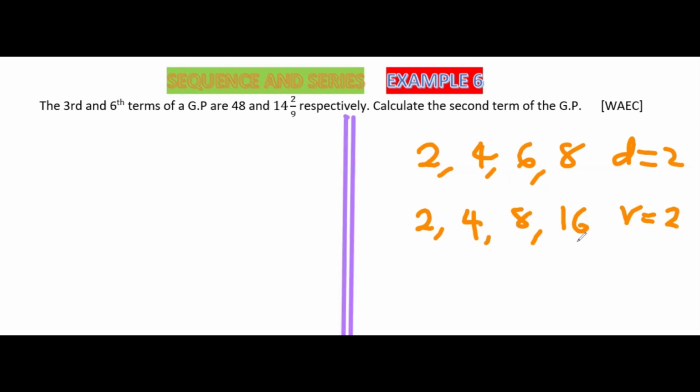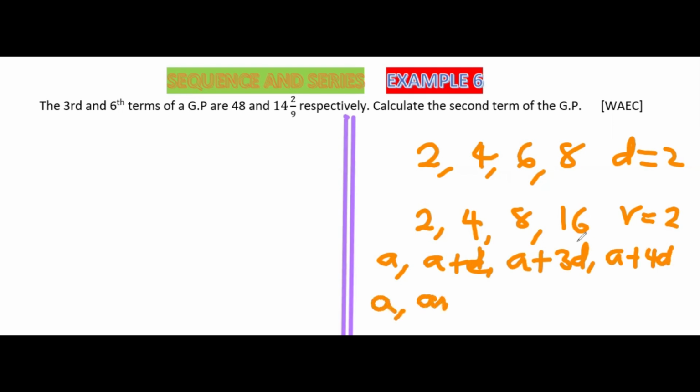Now, for AP, if the first term is A, the second term is A plus D, the third term is A plus 2D, the fourth term is A plus 3D, and so on. For GP, the first term will be A, the second term will be AR, the third term will be AR squared, the fourth term will be AR cubed.